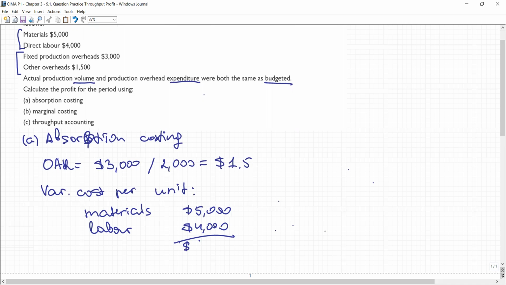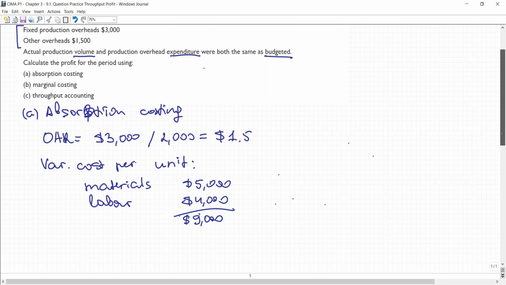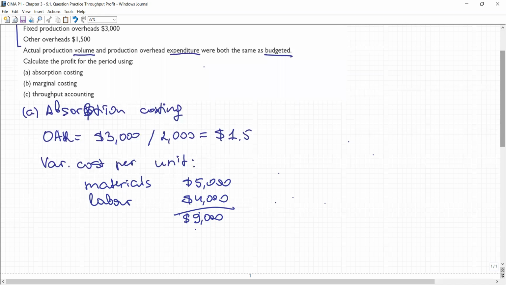That gives us the total cost of 9,000, and we need to divide that by the number of units produced. So units made is 2,000, giving us $4.5 of variable cost per unit of production.